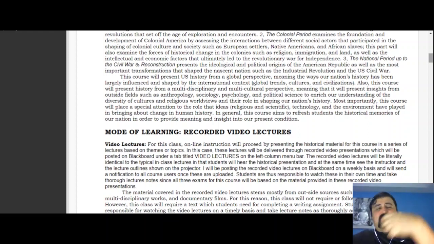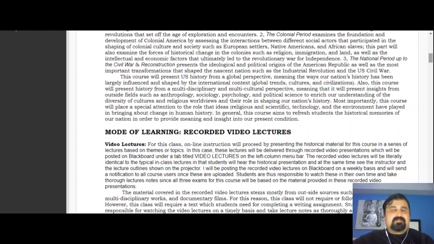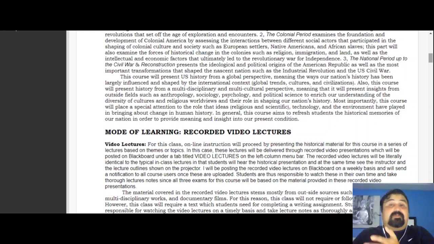Also, I teach history from what is called a multidisciplinary perspective. So what is that? Multidisciplinary. When I teach history, I just don't use history to tell the story of the past. I rely on other disciplines as well, like the discipline of anthropology, the discipline of sociology, the discipline of psychology, the discipline of religious studies, for example, in order to understand people.